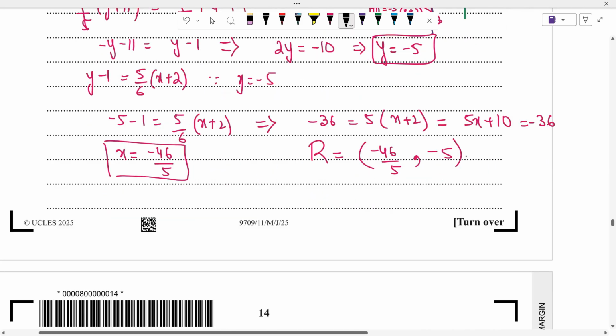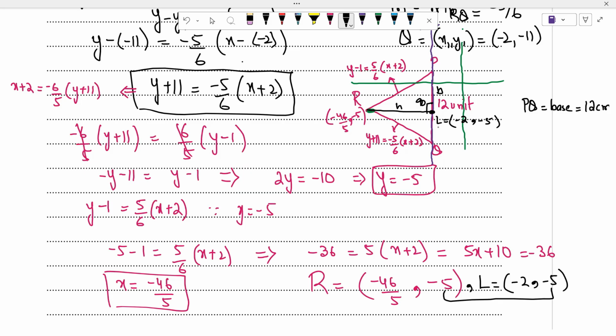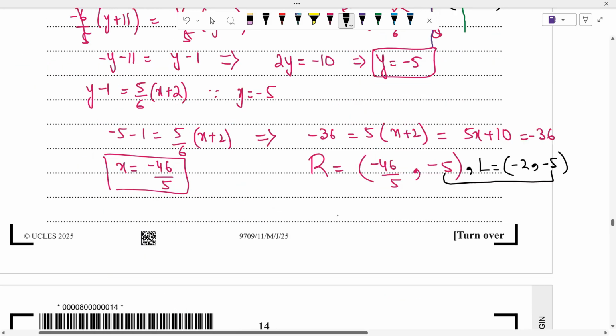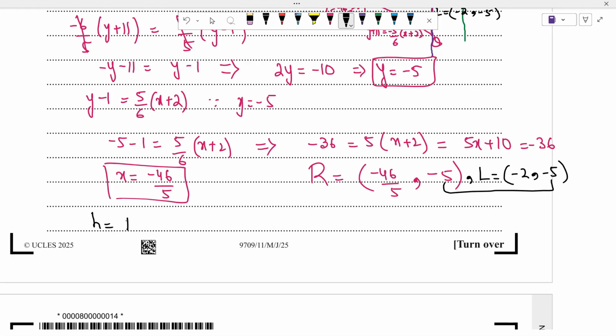So we can say that L equals negative 2 comma negative 5, because the y coordinate of L and R is the same, so that we have the perpendicular between base and height. Now the height equals RL, and because the y coordinate is the same, we will have only the difference of the x coordinate. So negative 2 minus negative 46 over 5 equals negative 10 plus 46 over 5, which equals 36 over 5.